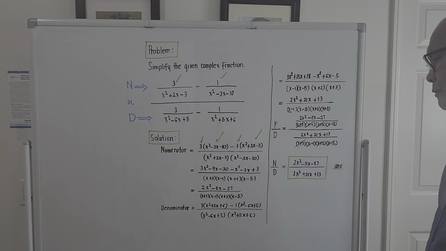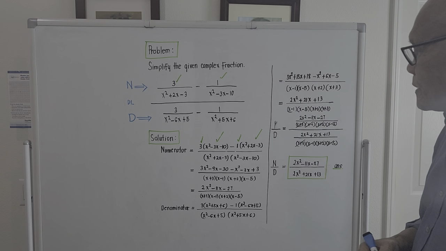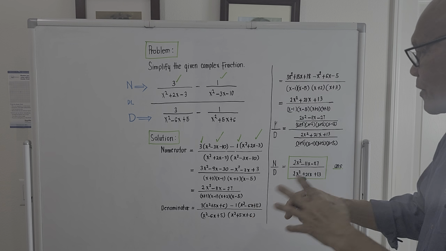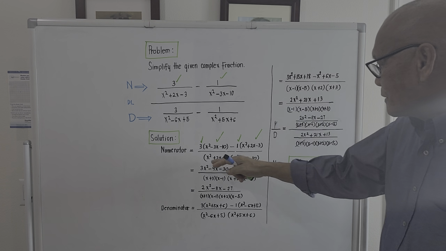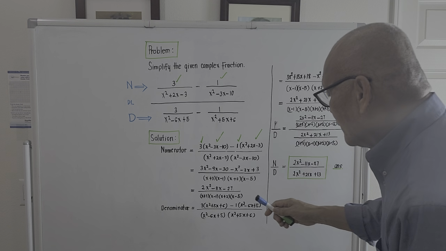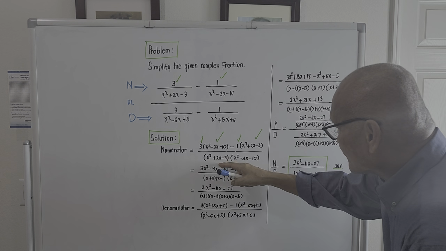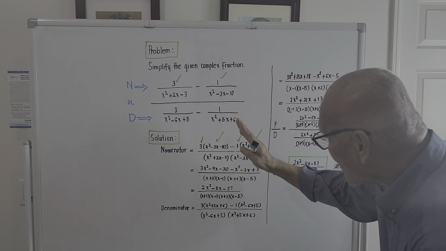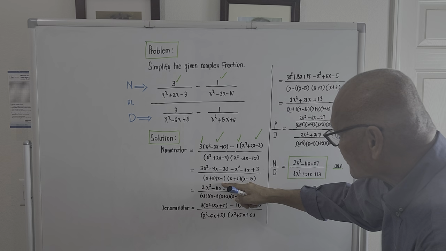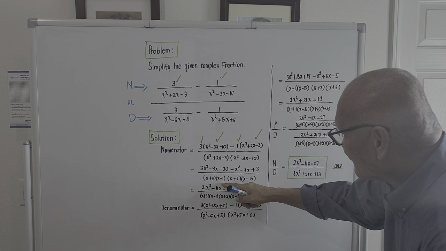For the denominator, we'll try to factor. The two quadratic expressions on the denominator are actually factorable. X squared plus 2x minus 3 can be factored into the quantity x plus 3 times x minus 1. Okay?